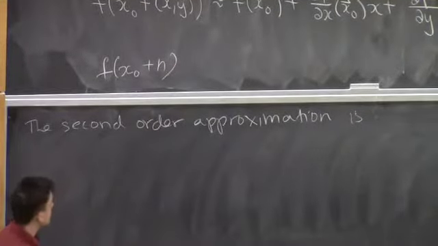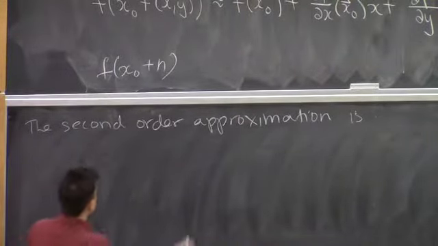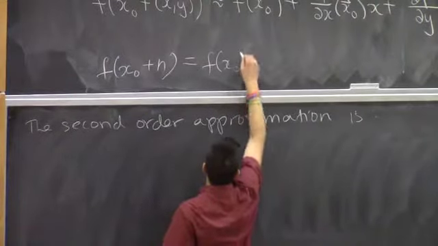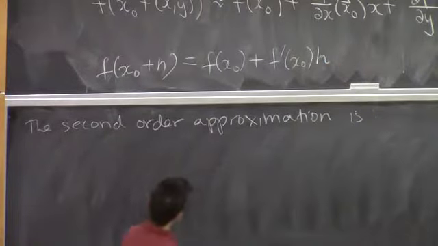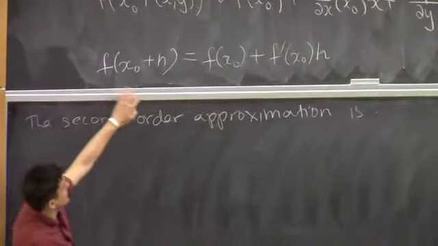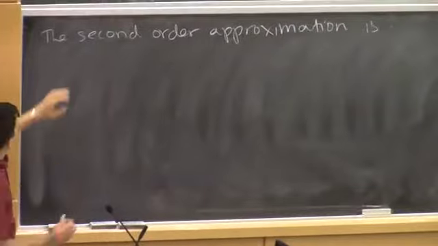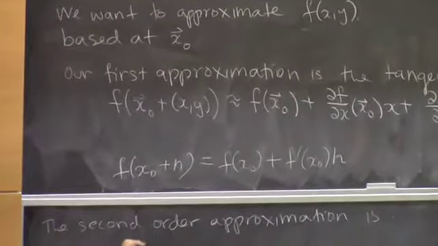So for one variable, we had the following approximation. In one variable, our function looked like this, and we can start to see an analogy between the multivariable case and the single variable case.